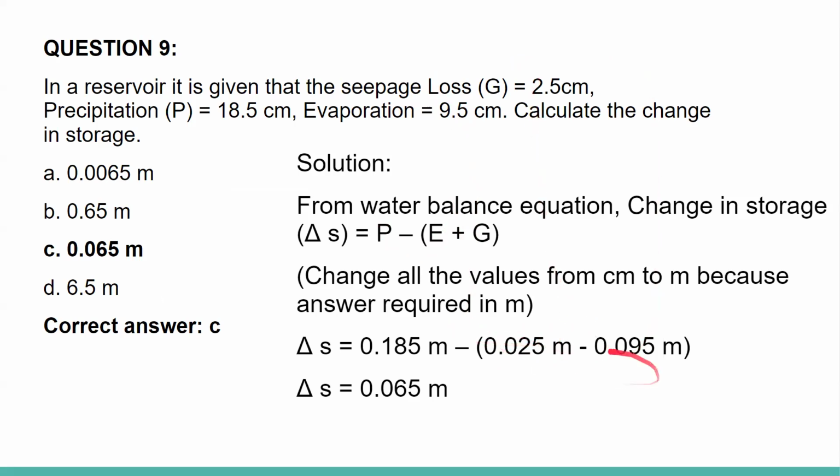You have to convert it into meters because the answer is in meters. Similarly, precipitation is the inflow component, again in centimeters, converted to meters, and we subtract the outflow from the inflow to get this answer. So the correct answer is C, 0.065.